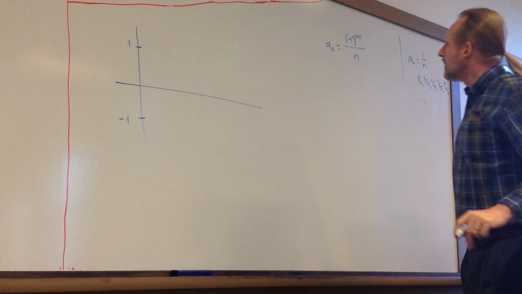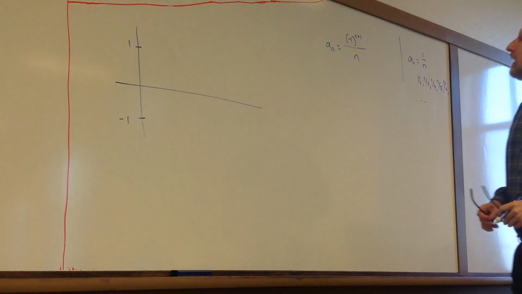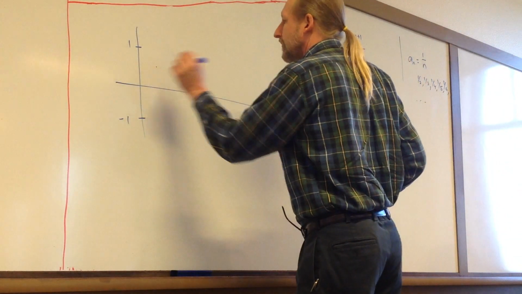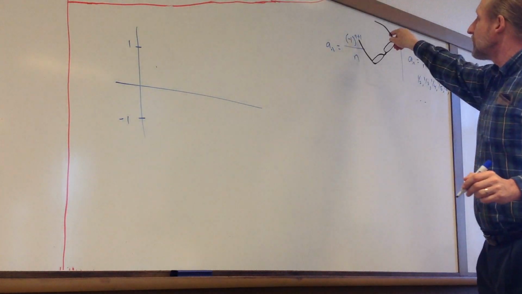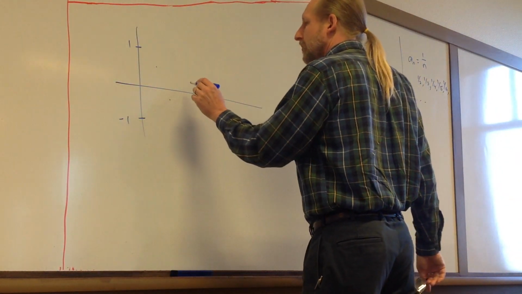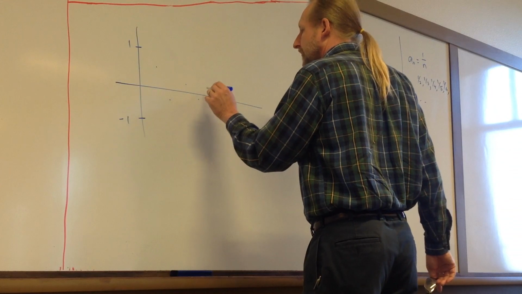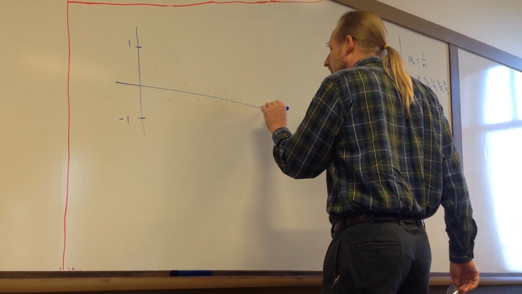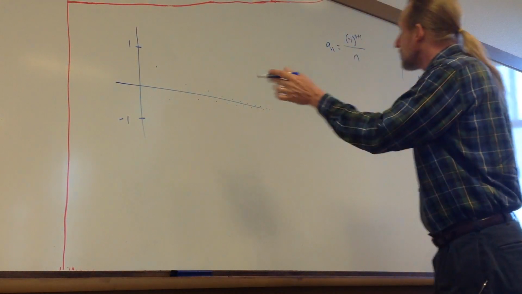Now in this one, if n is 1, this will be positive, and we'll have positive a half. Then if n is 2, it'll be negative a third, and then positive a fourth, negative a fifth, and so on. So notice how it is approaching 0.